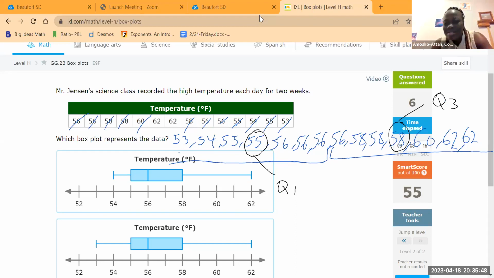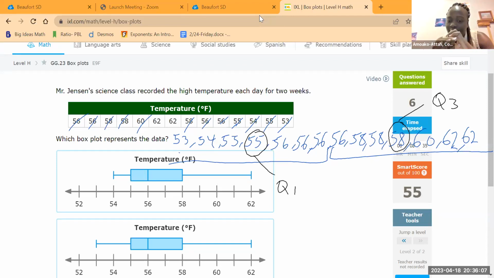Now, what is sometimes confusing is how to get your Q2 when it is even. It is not confusing at all. It is very simple. Looking at this, we have 14 values in all, right?